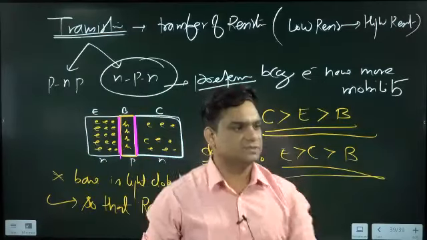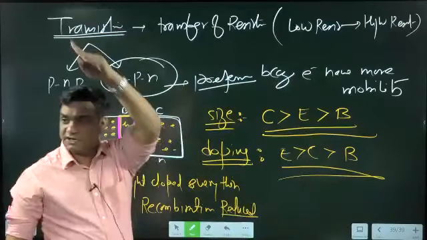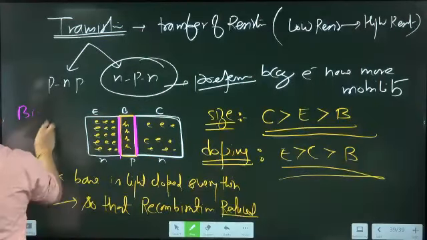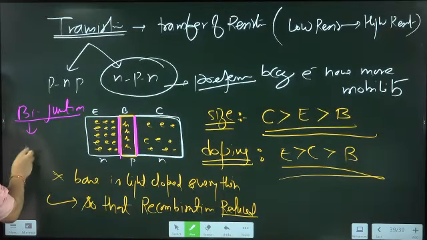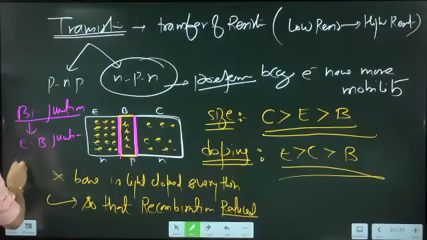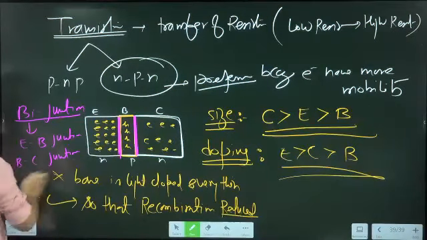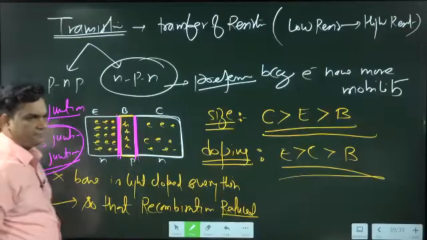The transistor is a bi-junction device, while a PN junction has only one junction. In this bi-junction device, two junctions are there: one is the EB junction, the emitter-base junction, and the other is the BC junction, the base-collector junction.